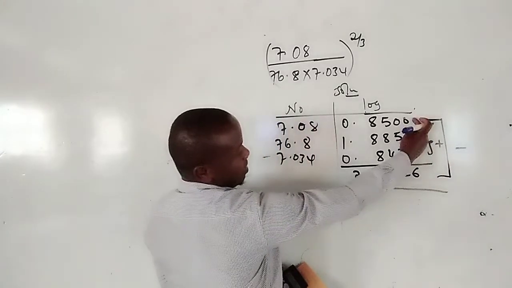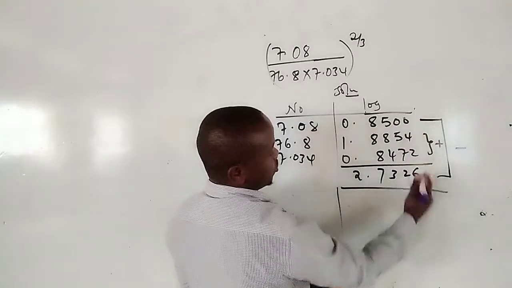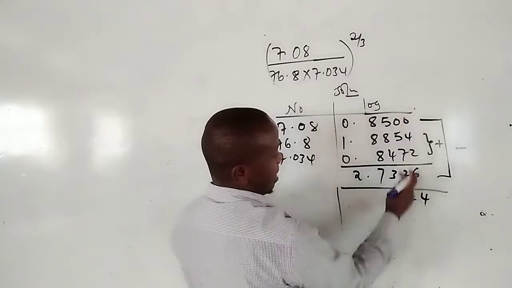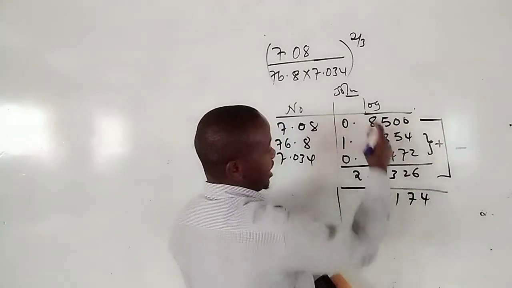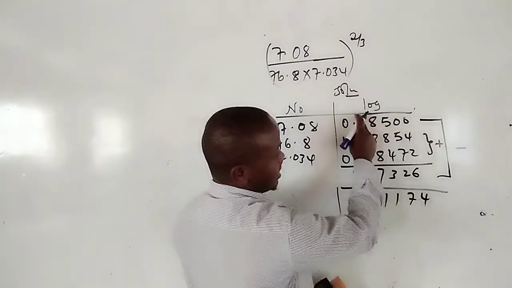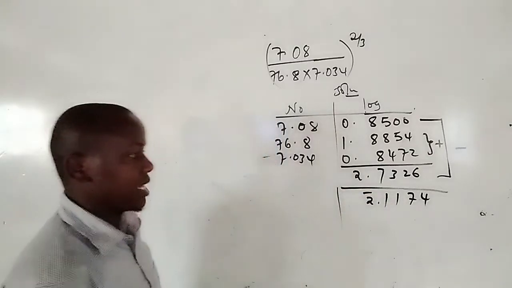So 10 minus 6 is 4, 9 minus 2 is 7, then 4 minus 3 is 1, 8 minus 7 is 1, then 0 minus 2 gives bar 2, like that.